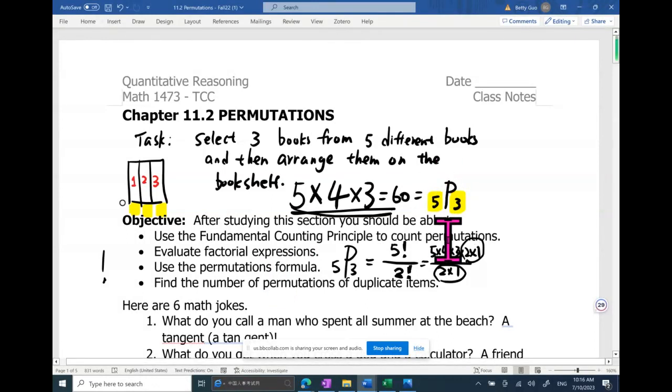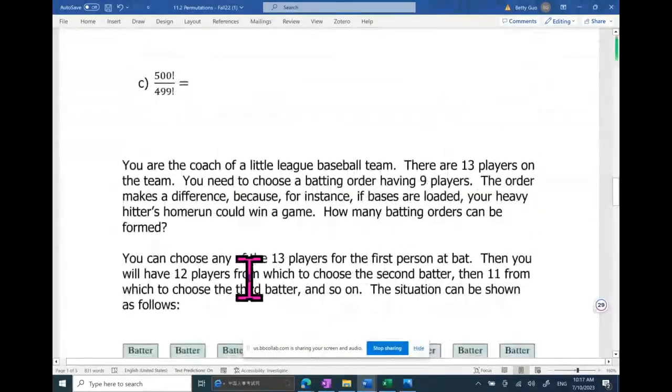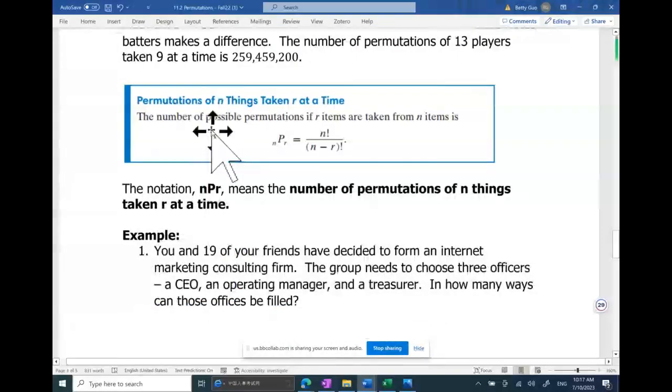Permutation of 5 items, choose 3 at the same time. Let's look at the formal definition of nPr. Right here, the number of possible permutations if r items are taken from n items.